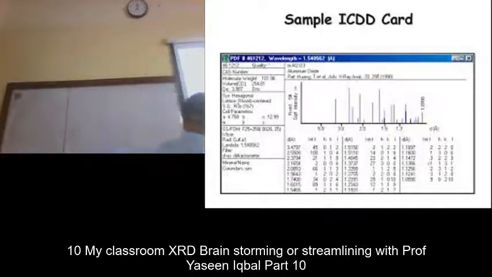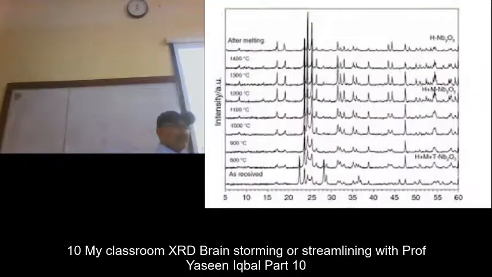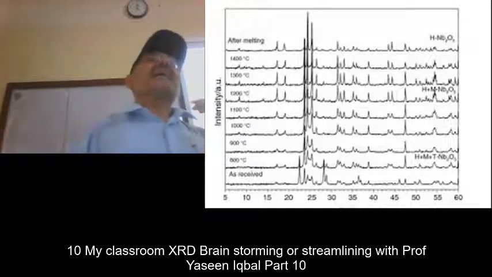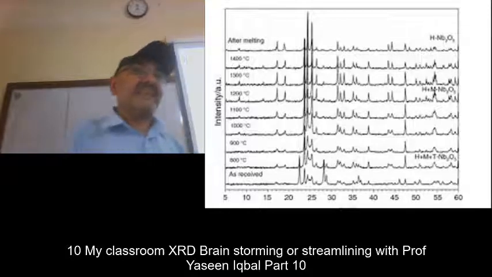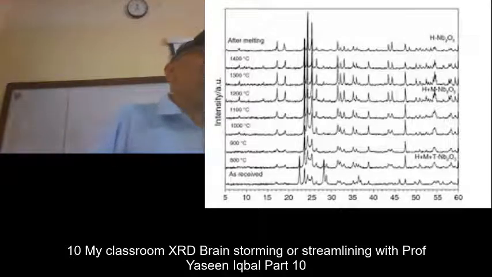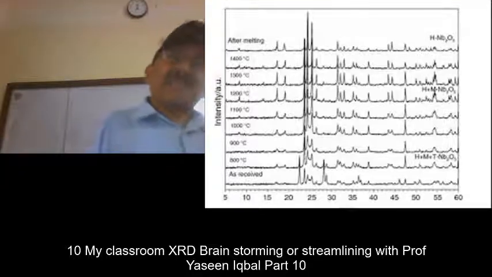How people study the phase evolution. You don't see a good peak here. But here you see something, and when you go here, it increases. So one phase is increasing in intensity. Increasing in intensity means its fraction is increasing. More crystals of this type are forming.